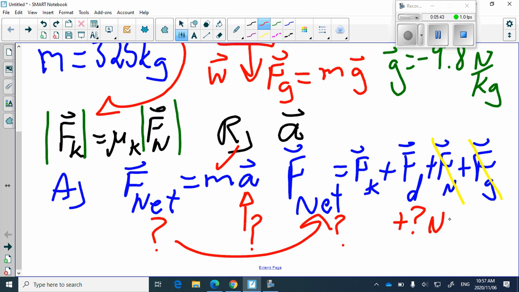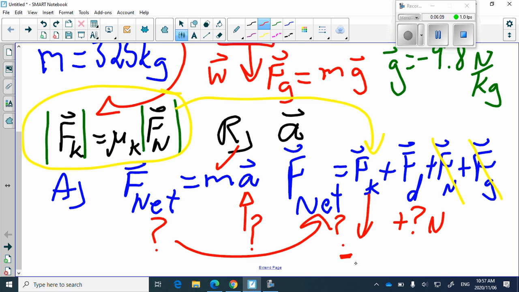Do I know the force of kinetic friction? No. But I can calculate it and then put it in here. And remember, this is hugely important: instead of being in the positive direction, the force of kinetic friction will be negative, some number of newtons. It has to be negative. It's working against the motion.